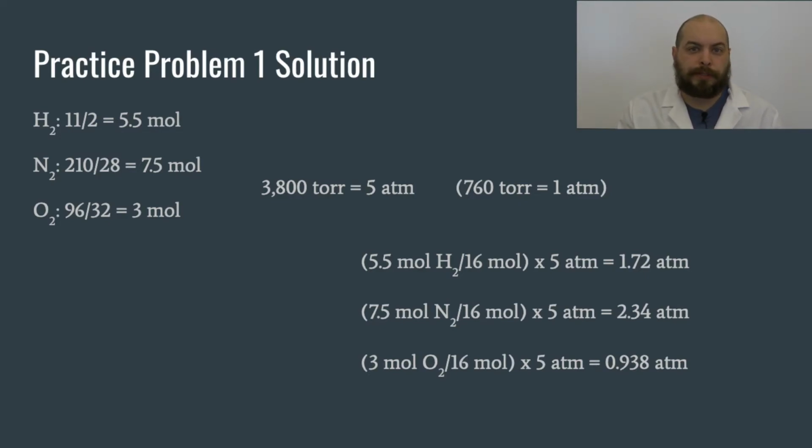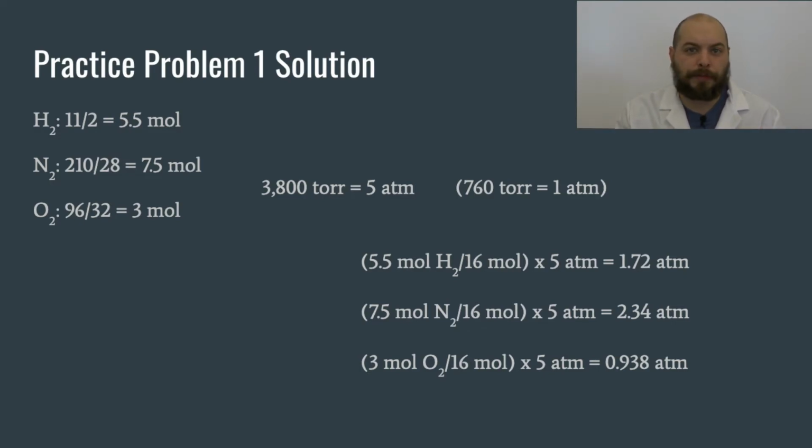Additionally, if you wanted the answer in atmospheres, we could convert first from torr to atmospheres. This way, we're only doing one conversion of atmospheres as opposed to multiple if we were to have to do it 3 separate times later. So let's go ahead and convert from torr to atmospheres. 3,800 torr divided by 760 torr per atmosphere gives us a total of 5 atmospheres.